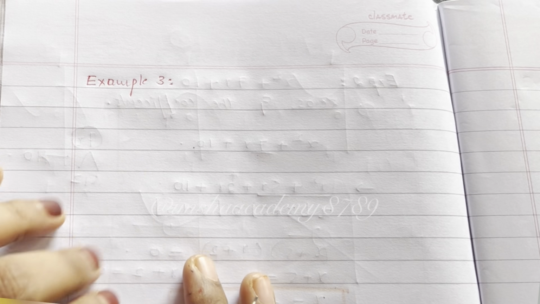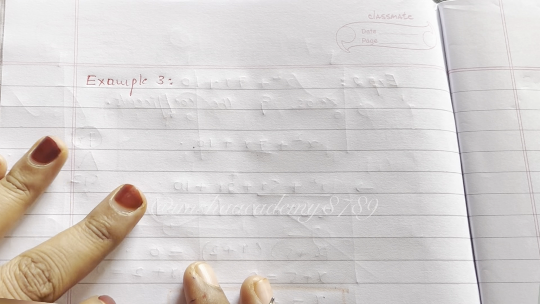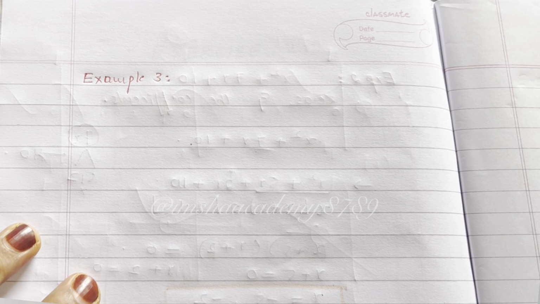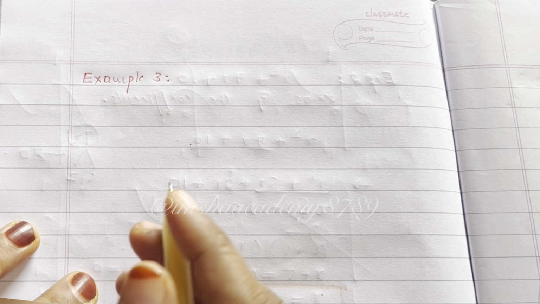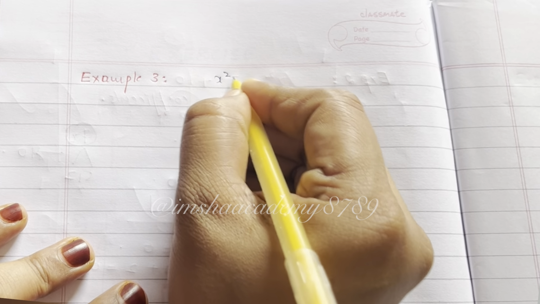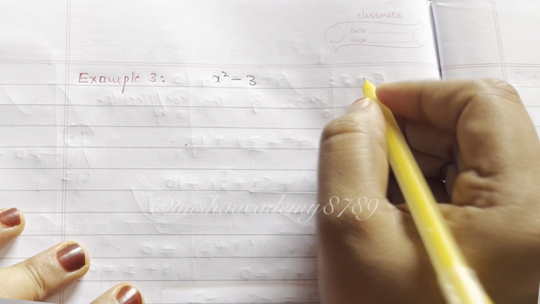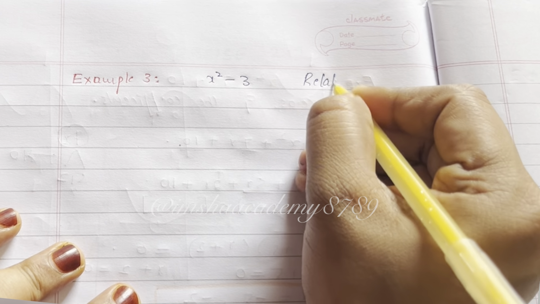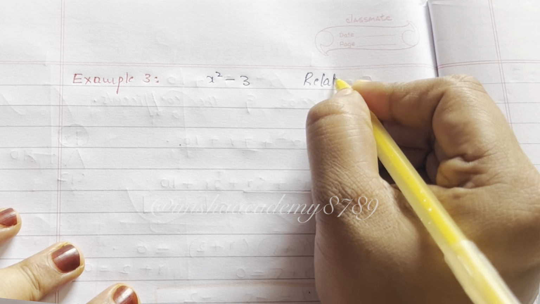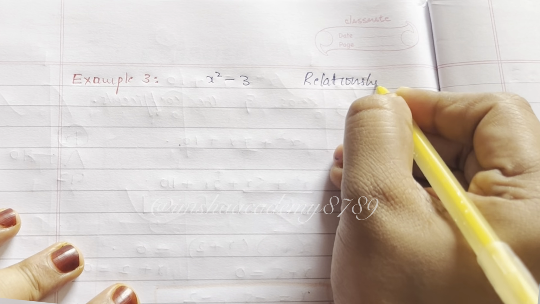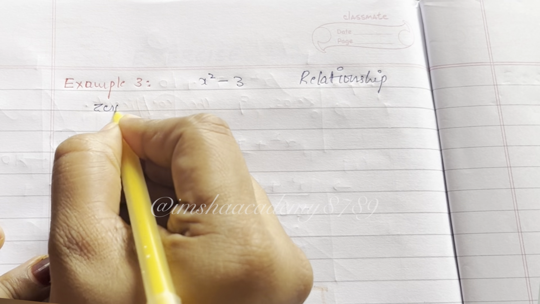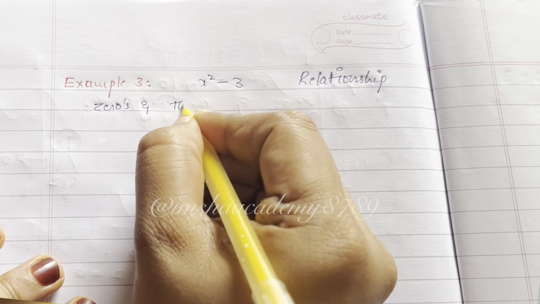We'll solve one more example which is given in your textbook. Example 3, page number 30. So the question is, find the zeros of the polynomial x square minus 3 and verify the relationship between zeros and the coefficients.